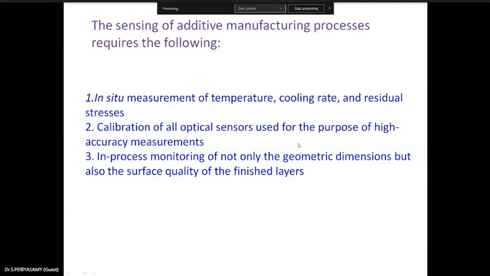Once there is fluctuation of the energy supply as well as the feed rate, you can get these. Then cracking. This will propagate once there is a void or other porosities. There is a chance of having a crack.